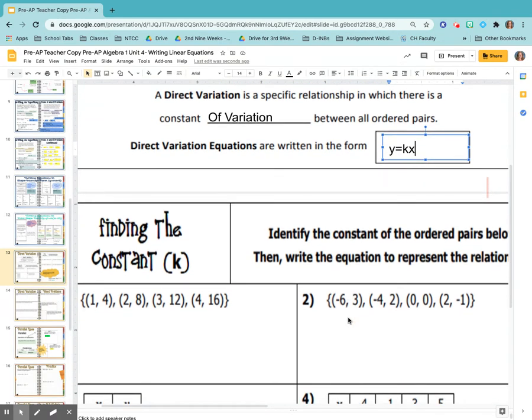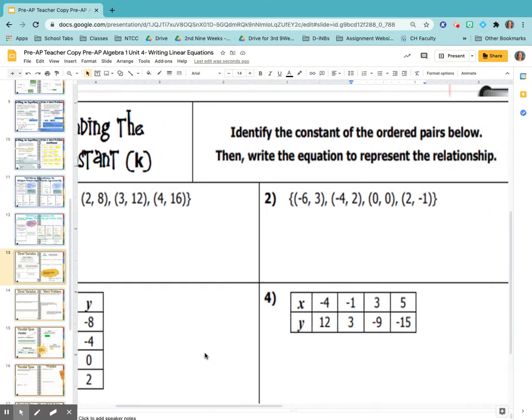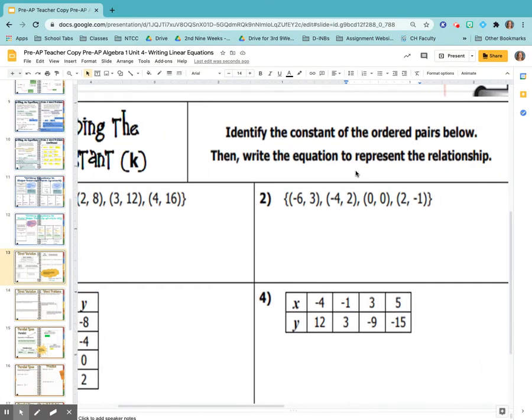If it is a direct variation relationship, then whenever you find your constant of variation, your constant should be the same every time. You shouldn't have a different constant of variation for individual points. Like on this one, we have points 1, 4, 2, 8, 3, 12, 4, 16. So we're looking for the constant of variation and then write the equation represented by the relationship.